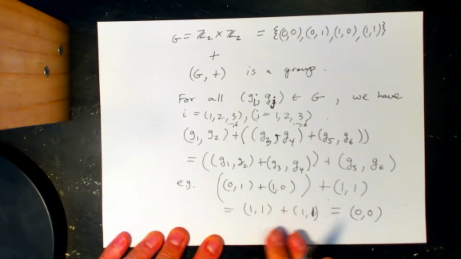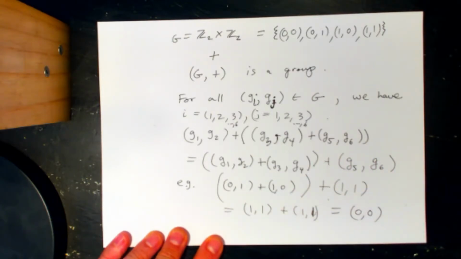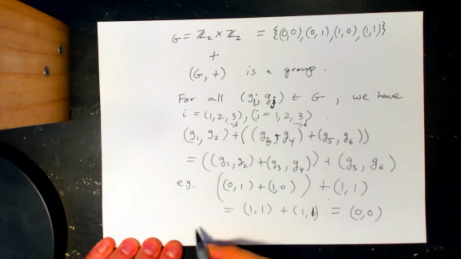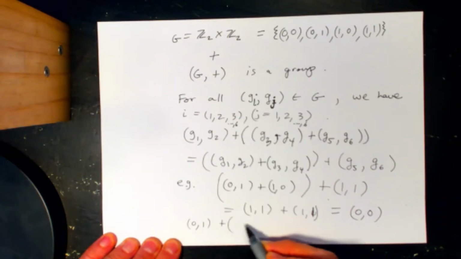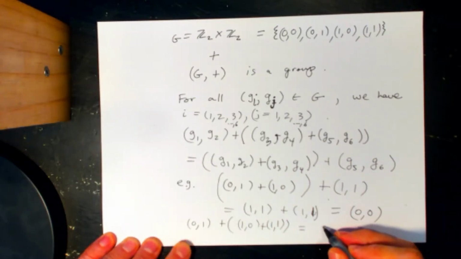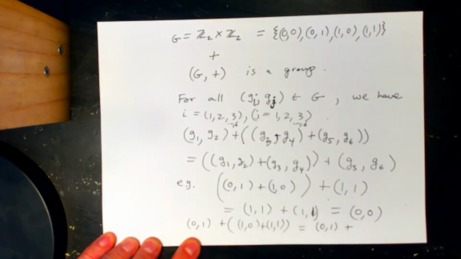But now we focus on, if we had the brackets around these two, would we get the same thing? And the answer is yes. So let's just do that. (0, 1) plus, in brackets, (1, 0) plus (1, 1). This gives us (0, 1) plus, now if we add these two together, we have 2 for the first component and 1 for the second component.